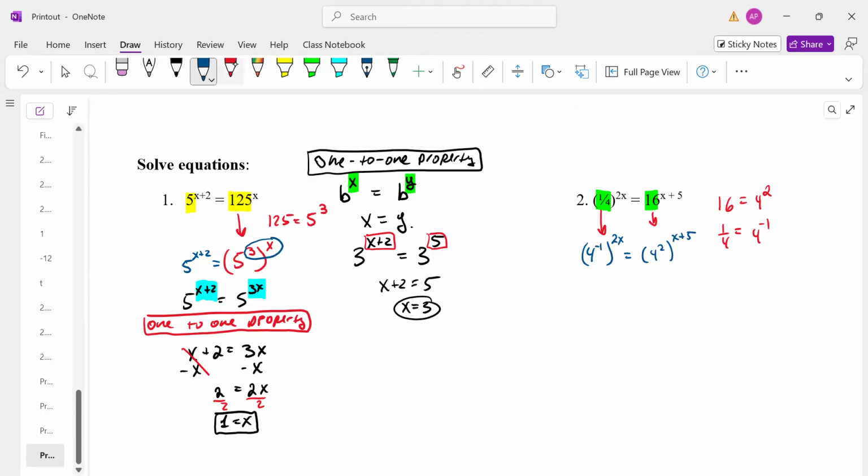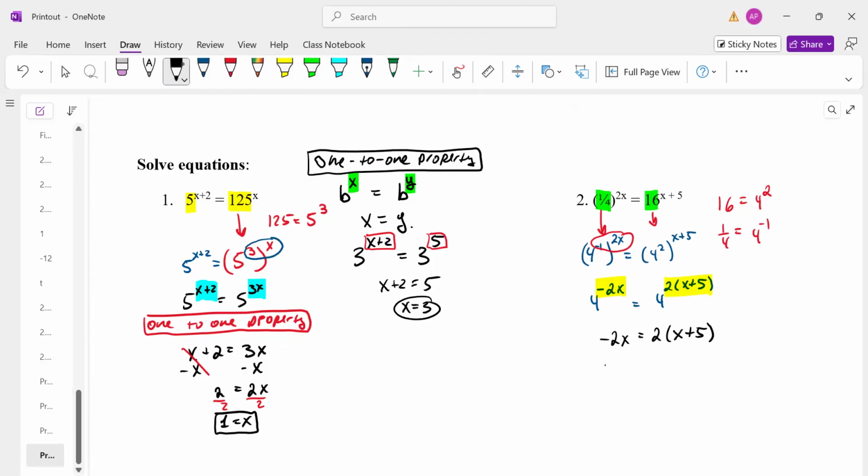Now from here, we can multiply these powers. So therefore, it's going to be 4 to the power negative 2x and 4 to the power 2 times x plus 5. So now notice our bases are the same. Therefore, we can set the powers equal to each other. We're once again going to use the one-to-one property. Therefore, we'll end up with negative 2x equals 2 times x plus 5.